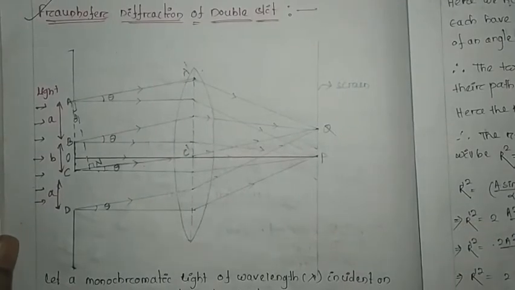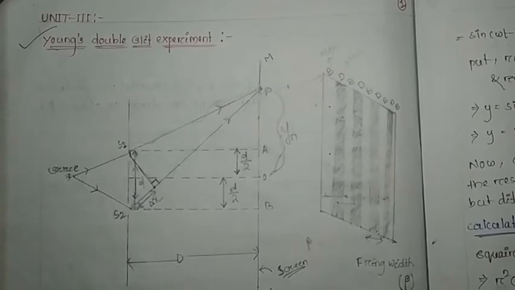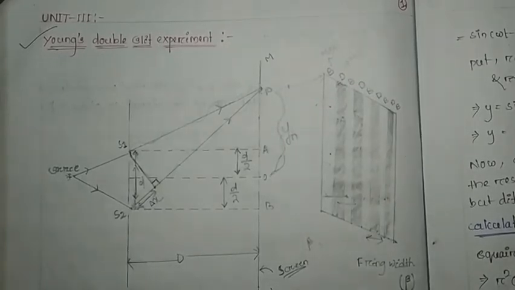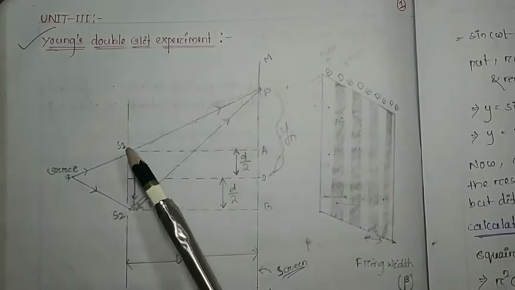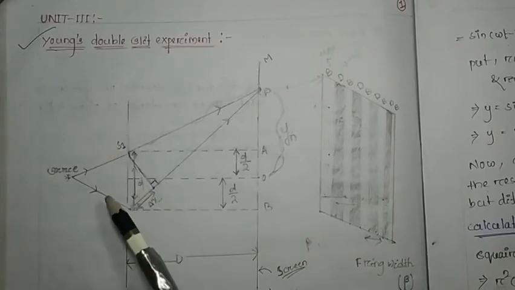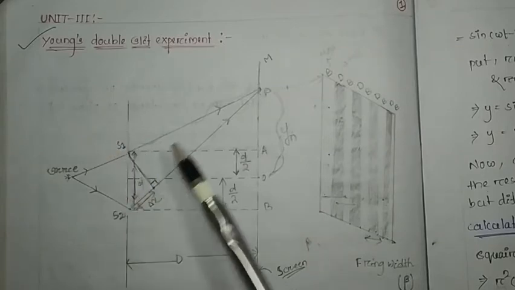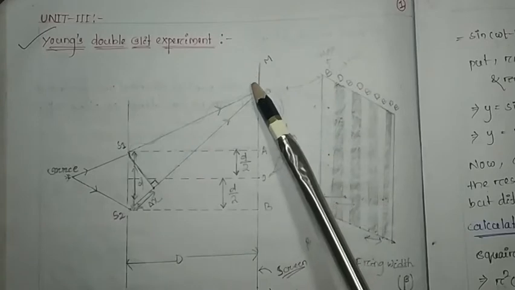You may remember that when we discussed the Young's double slit experiment, we considered two narrow slits S1 and S2 which produce the interference pattern on the screen.